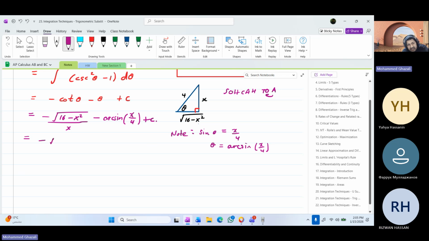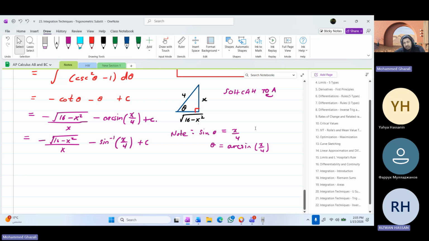You can also write your answer like this: square root of 16 minus x squared over x minus sine inverse x over 4 plus c. Instead of saying sine inverse, we say arc sine. How do you get rid of sine here? You need to arc sine both sides, like using the inverse.